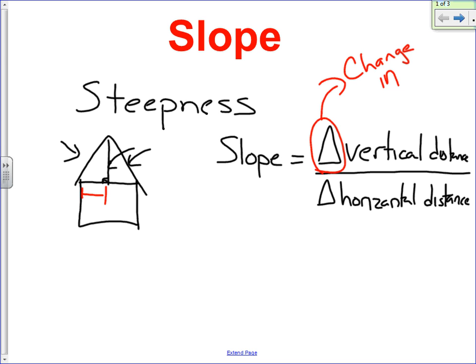And so by taking a comparison of those two and dividing one over the other, we get this value right here, which is our slope.